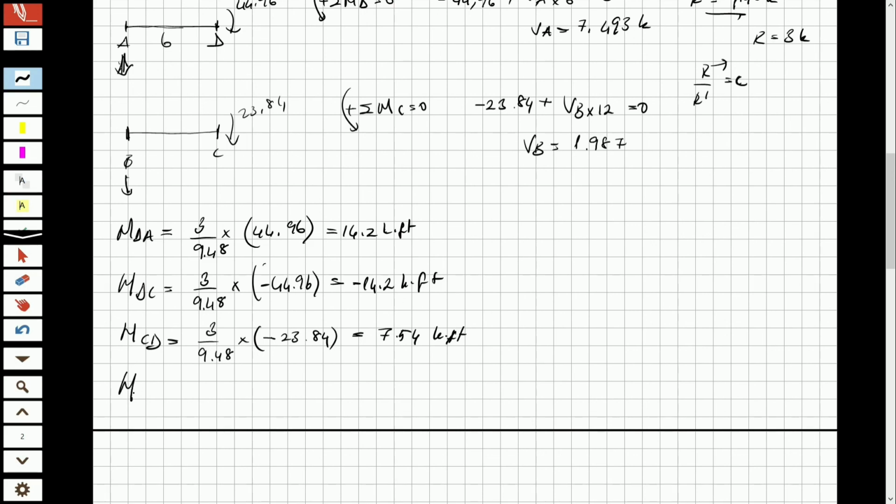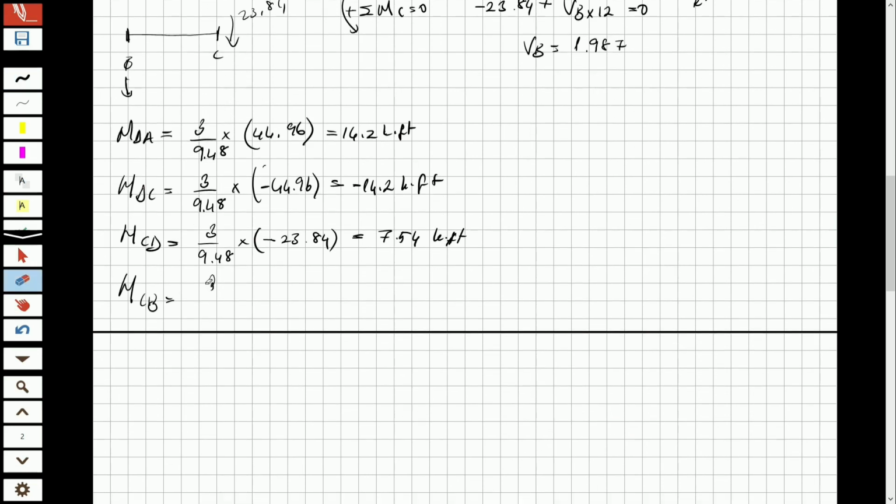For moment CB, one second to write it better, 3 over 9.48 multiplied with 23.84.